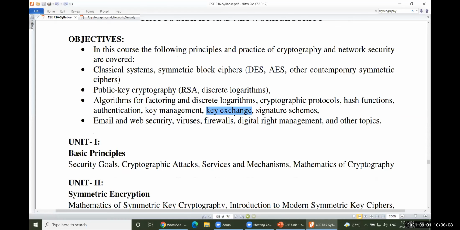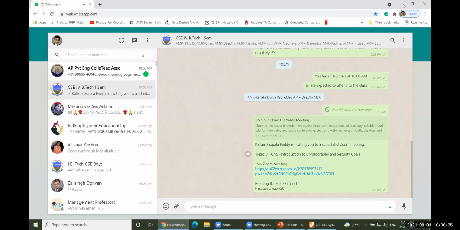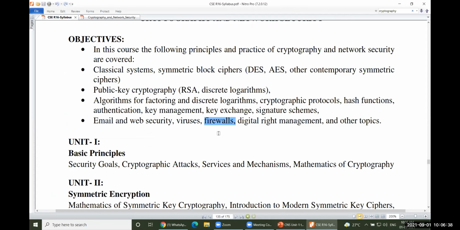And how cryptography and network security will be efficient while we have to consider email, or web-based security, or any virus or Trojan horse or malware entering into your system, how they can be safeguarded using cryptography, and what are the different aspects of firewalls, and other topics are supposed to be taken into consideration by this particular cryptography and network security.